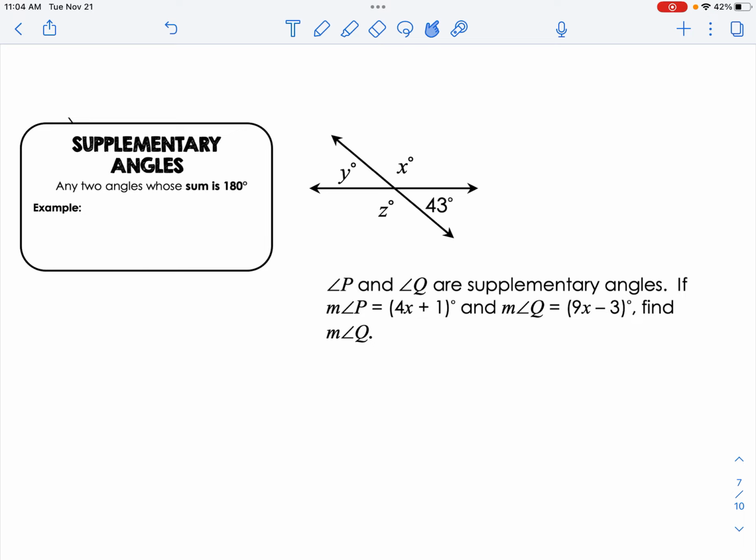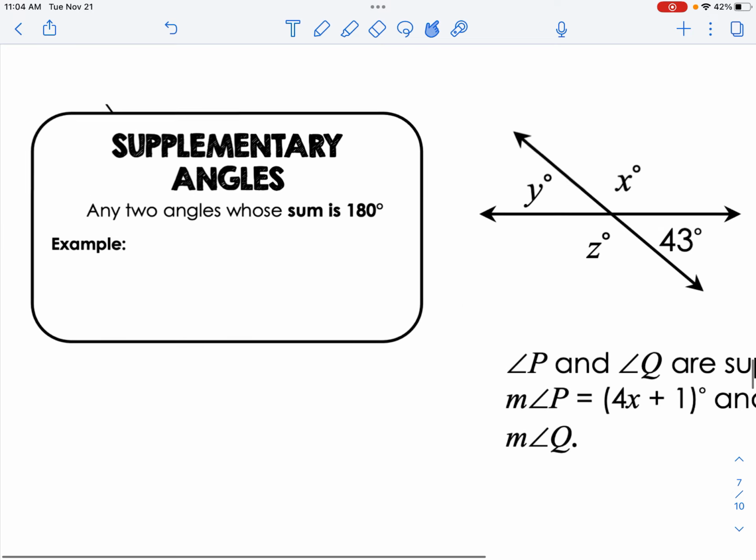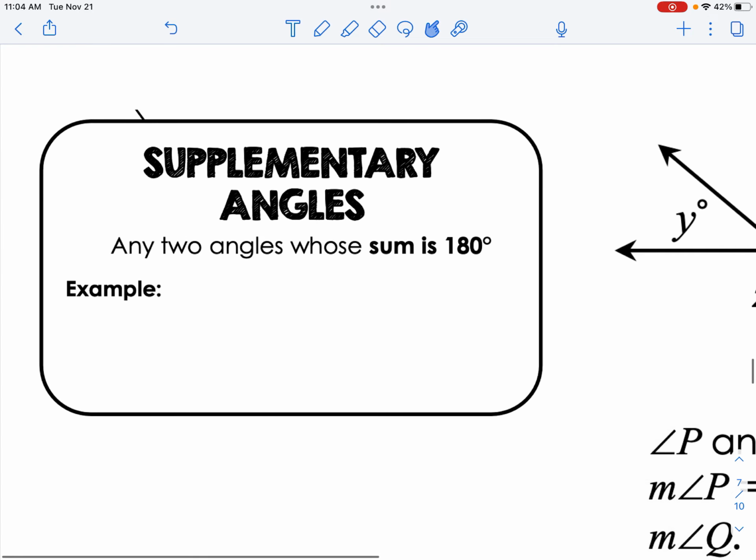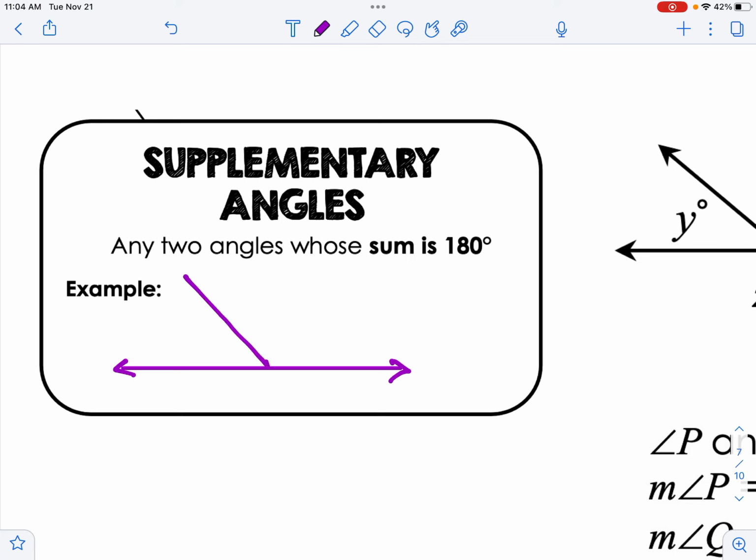So the sum is 180 degrees. Oftentimes, they don't have to be next to each other. They don't have to be adjacent, but you'll see in a lot of the problems that we do that they often are. So a linear pair that we talked about before is an example of supplementary angles because it has to add up to 180.